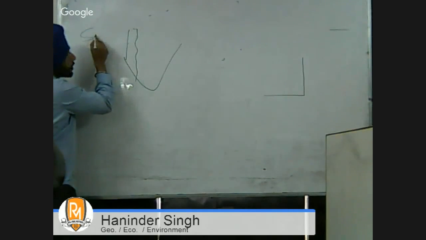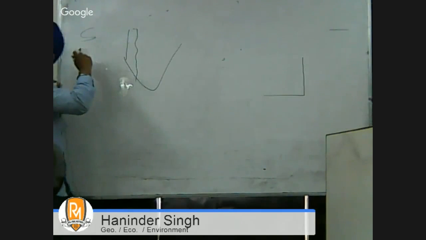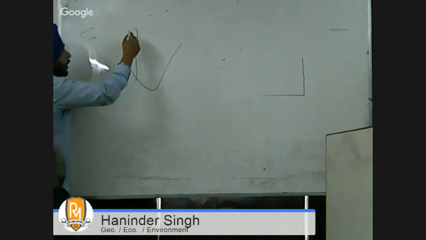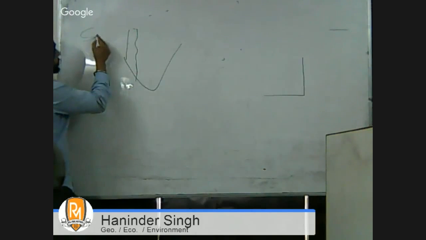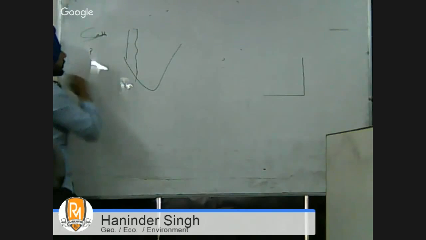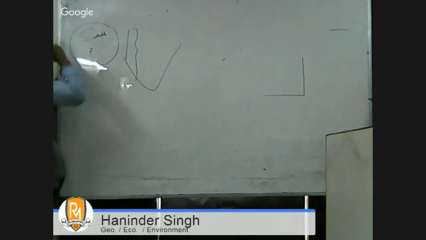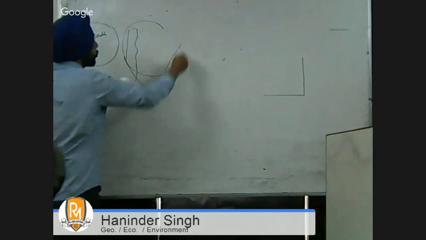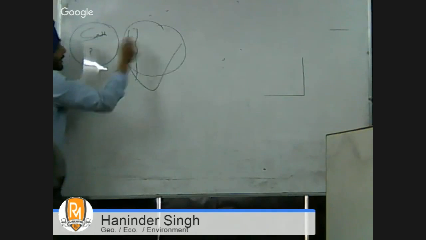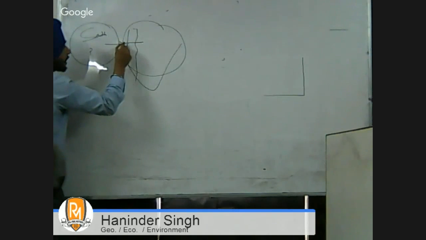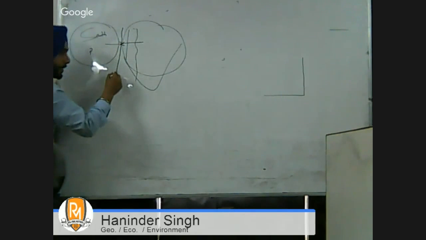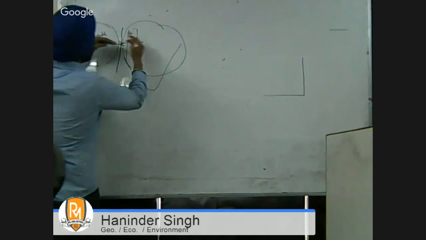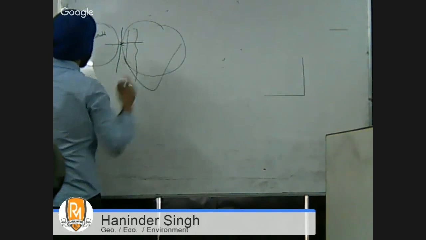This is South America. Sorry, I said North America. This is Chile. This is the South Pacific Ocean. This is the oceanic plate, and this is the South American continental plate. Both of these plates are forming convergent plate boundaries.